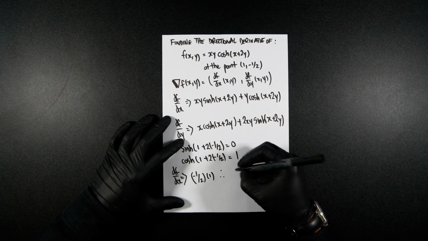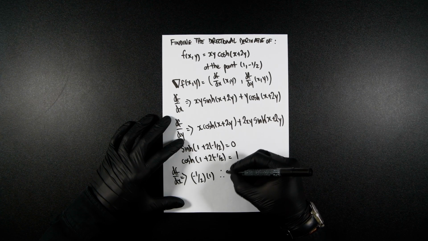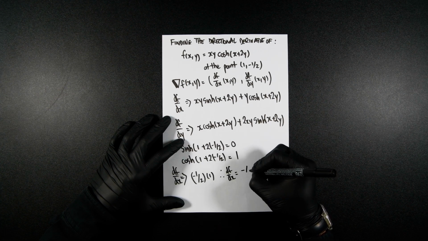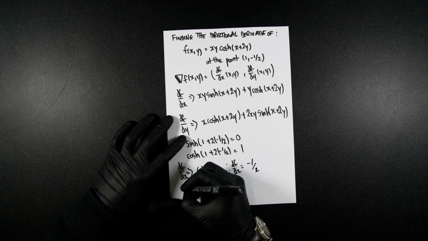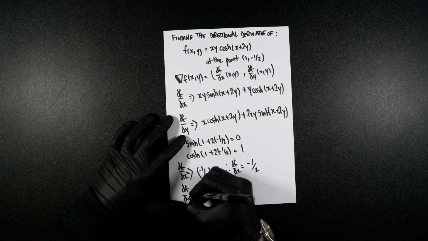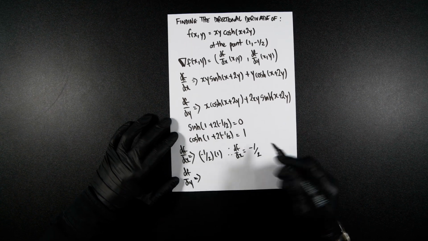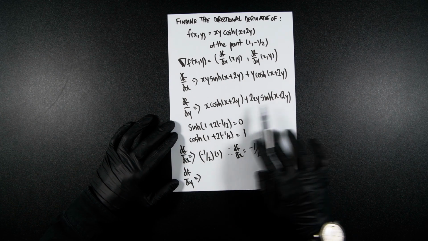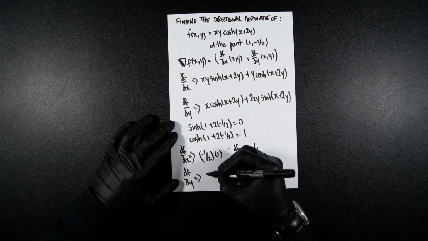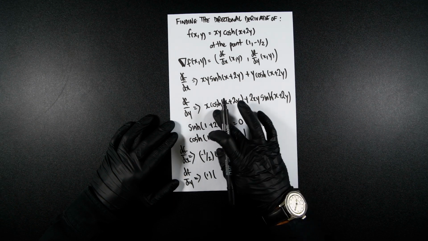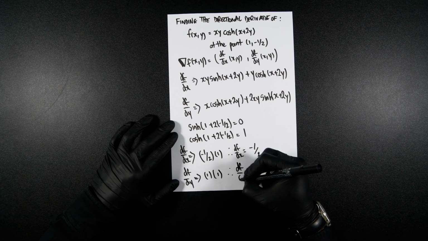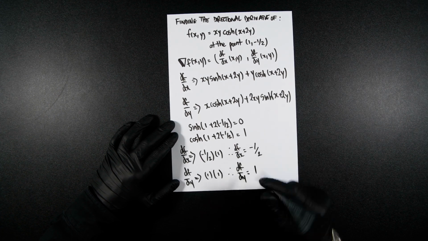So therefore, df/dx would equal minus a half. Now let's do df/dy. So we know that now sinh here is 0, so that's all going to become 0. x is 1, cos is 1. So therefore, df/dy would be 1.